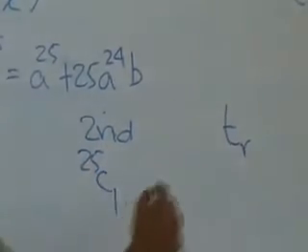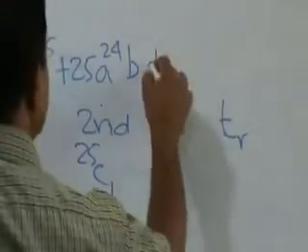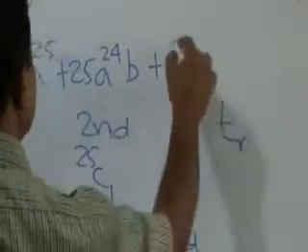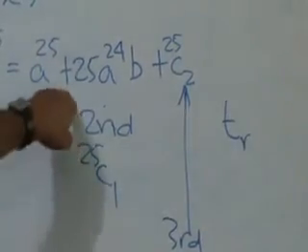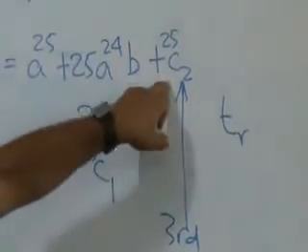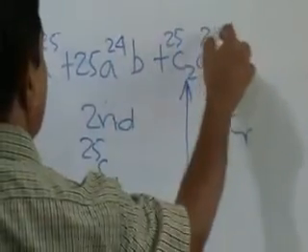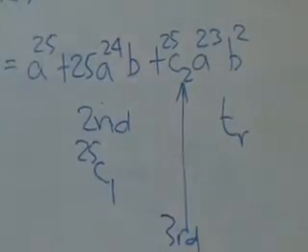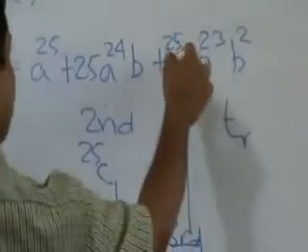25C1, right? If you are not very comfortable, you can write the third term also. The third term would be how much? 25C2. This was 25C1, so this is 25C2, a to the power 23 and b square. So up to this is also in control. The third term has got 25C2.